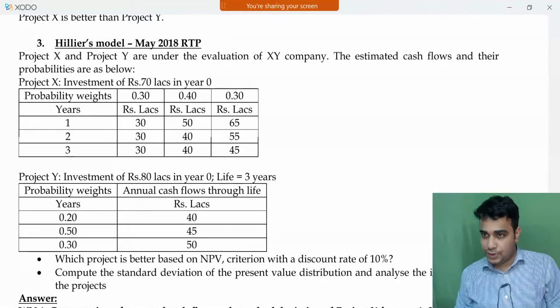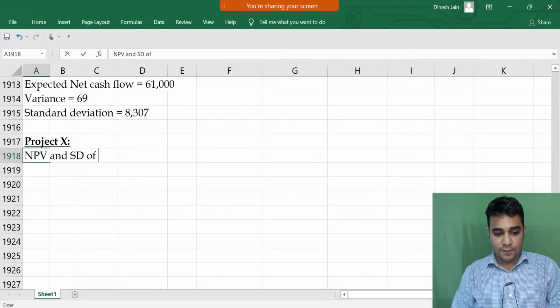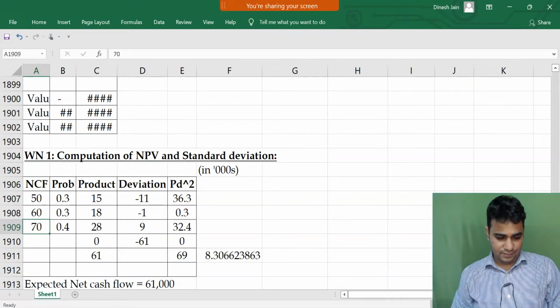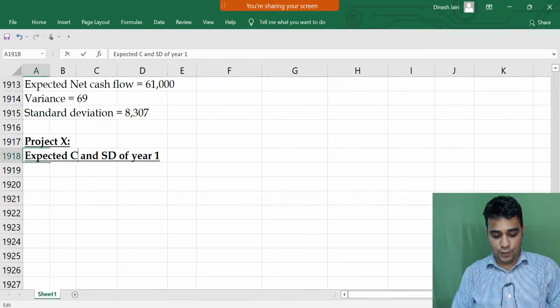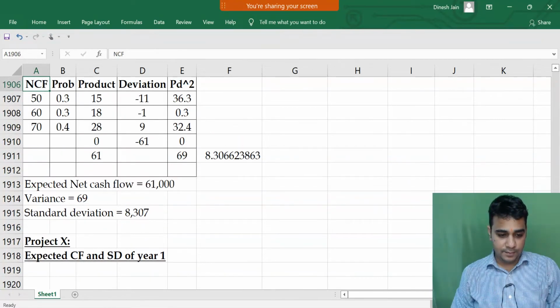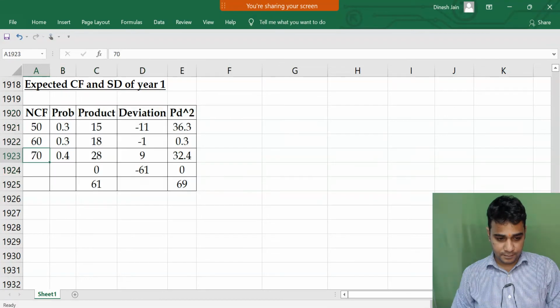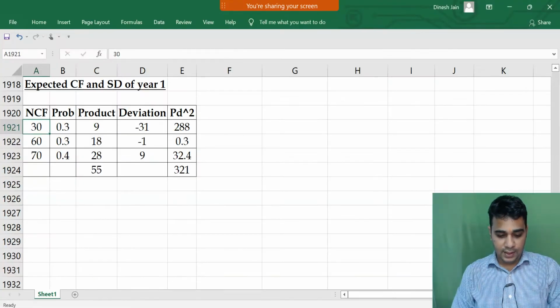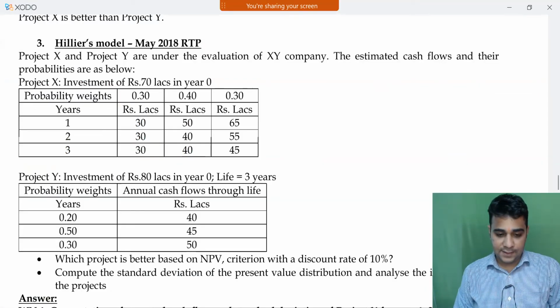What is the use of standard deviation? You'll understand. So, expected cash flow and standard deviation of year 1, same format. They have given the cash flows as 30, 50 and 65 for the first year.